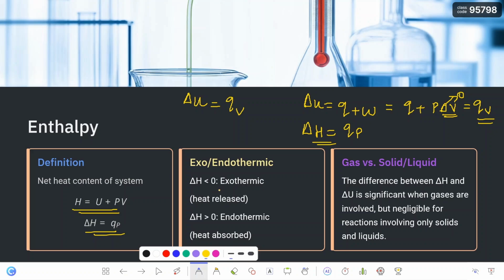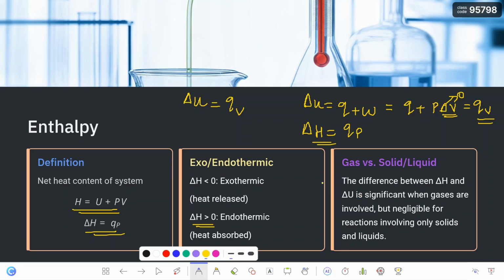Exothermic means heat is getting released. In that case, delta H will be negative. Endothermic means heat is getting absorbed. In that case, delta H will be greater than 0. Another thing I need to tell is the difference between delta H and delta U is significant when gases are involved.